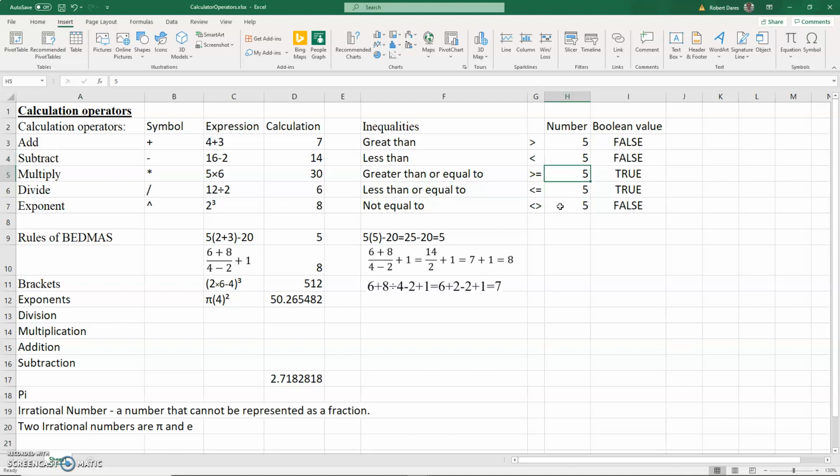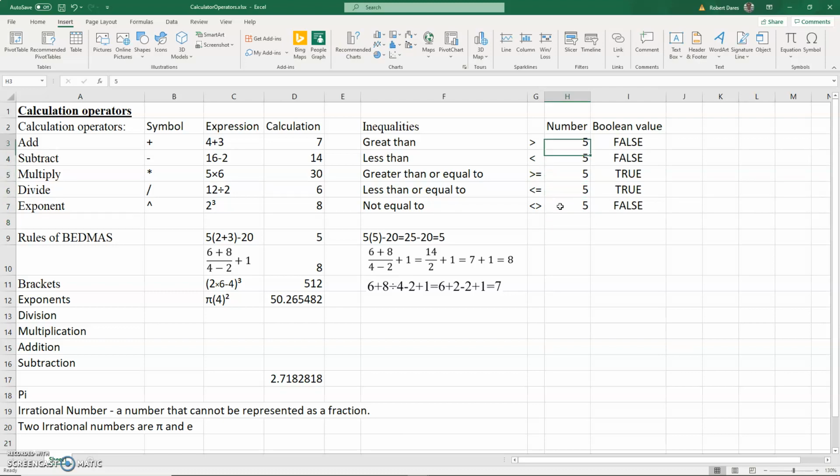Is this number greater or equal to 5? Yes. Is this number less than or equal to 5? Yes. Is this number greater than 5? No, it's not. Returns false. Is this number less than 5? No, it's false. Is this number not equal to 5? And it's false. Any number other than 5 will return a true value. 8, 7, anything but 5.